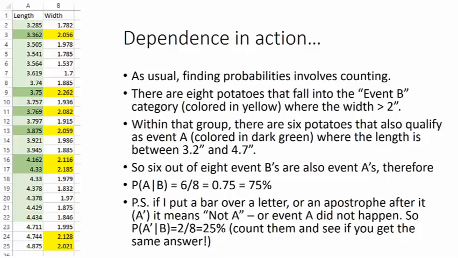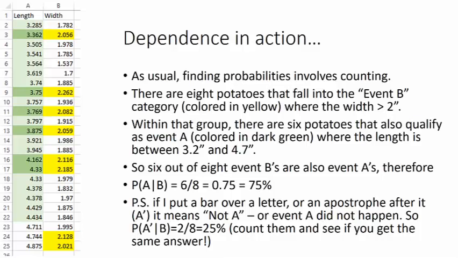We're only concerning ourselves with those that have met the event B criteria, and that is that their width is greater than 2 inches. Within that group, there are 6 potatoes that also qualify as event A, and those are colored in dark green. So the length is between 3.2 and 4.7 inches.